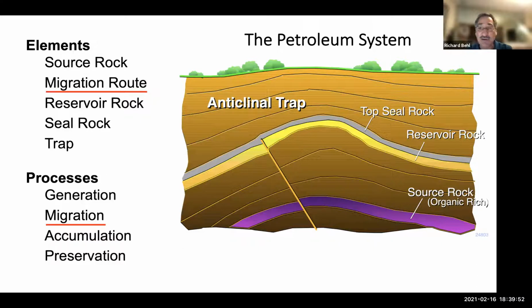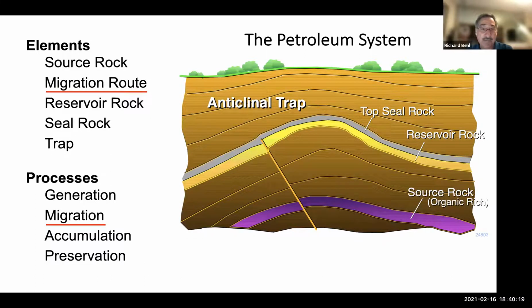You need a source rock that's organic rich. You need a migration pathway or route, which is what we're going to be talking about today. You need some sort of reservoir rock that could store the oil in pore spaces or fracture spaces. You need a seal that keeps most of it in that reservoir rock. And you need some sort of trap that concentrates the oil into one area so that it can be economically extracted.